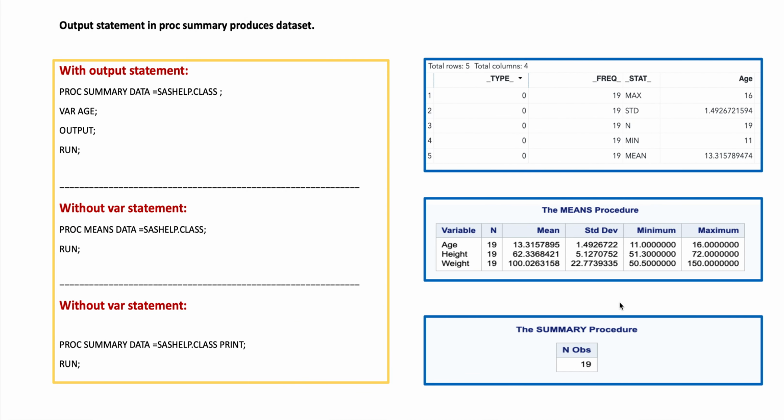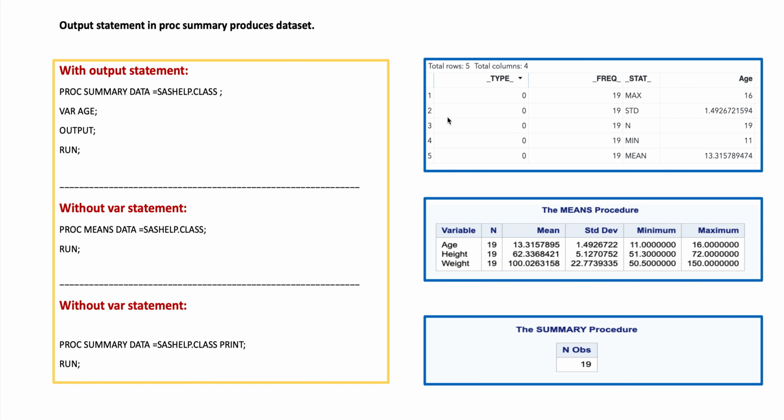Next, I am going to explain what happens when we use an output statement in place of the print option. When we use an output statement, proc summary produces a dataset. The example is here: proc summary data SAS class var age. We provide the output statement and run. When we run this third set of code, it will generate the result as shown in the first table on the right side.